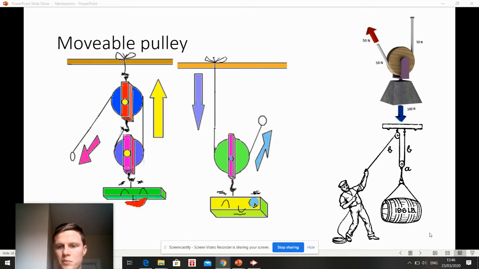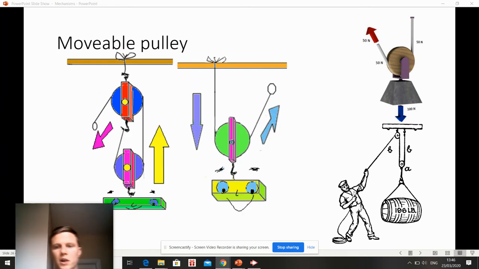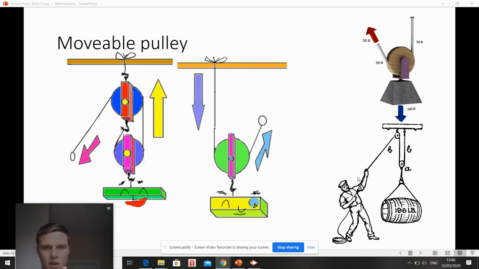To raise it 2 meters, you'll have to pull 4 meters of rope. So to find the rope that you have to pull, you multiply by the mechanical advantage. To find the effort, which is the pulling force, you divide by the mechanical advantage. We'll look at a couple of different examples now.